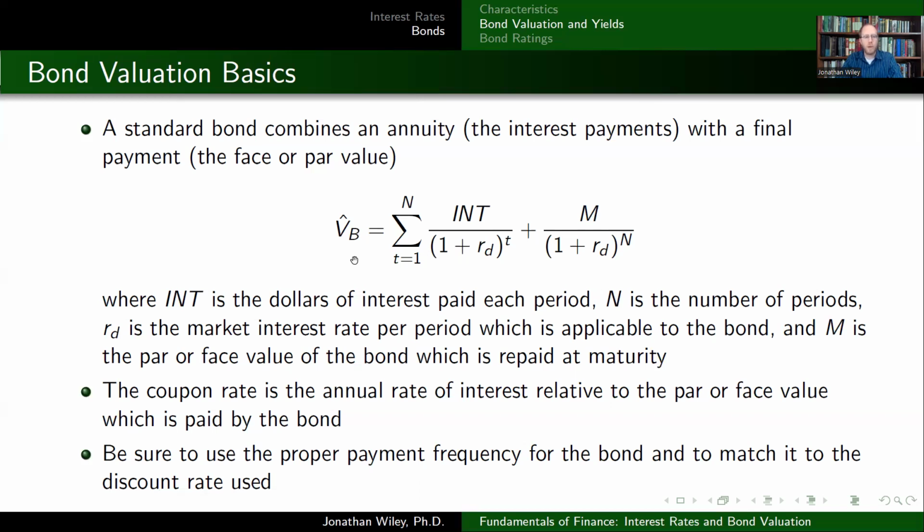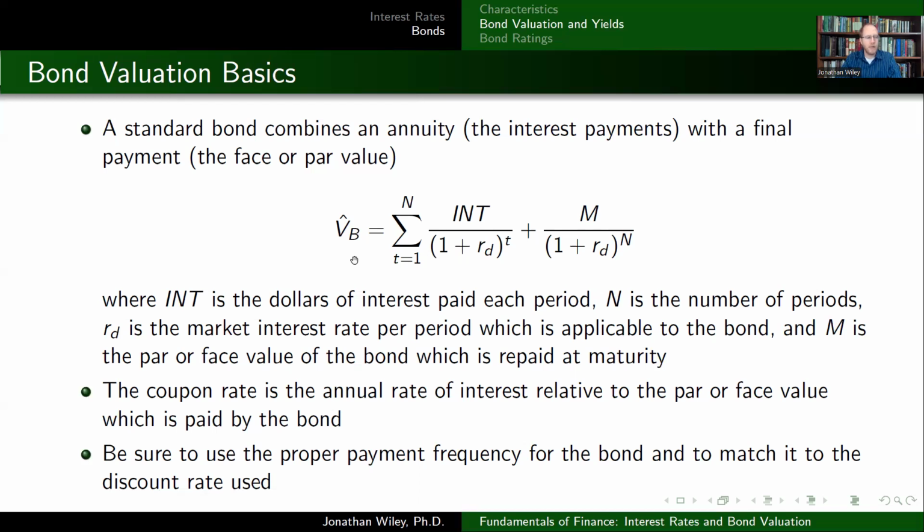To find the coupon payment that applies to that 6-month period, I'm going to take the 5% times the $1,000 par value. 5% of 1,000 is $50. And so the interest payment would be $50. The number of periods would be N, which would be 60. So 30 years times 2 periods per year, so 60.